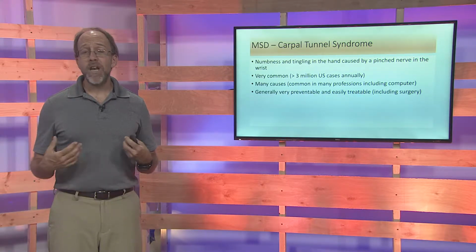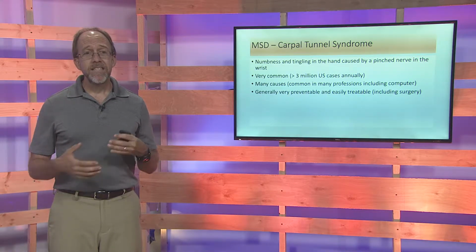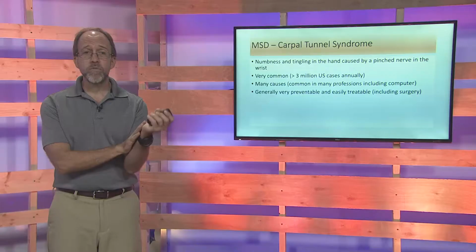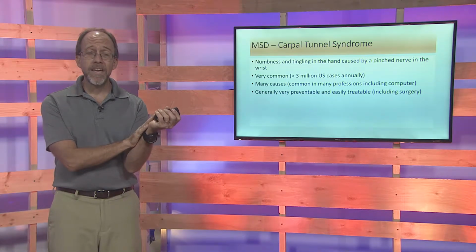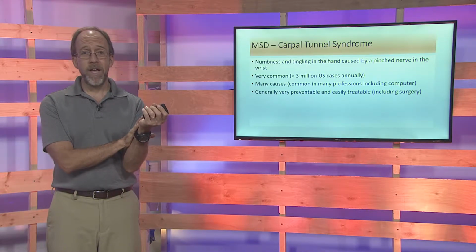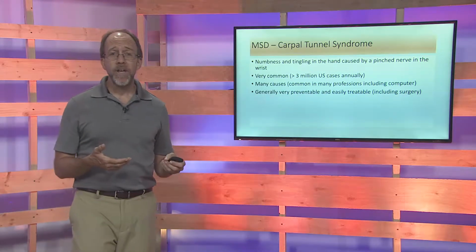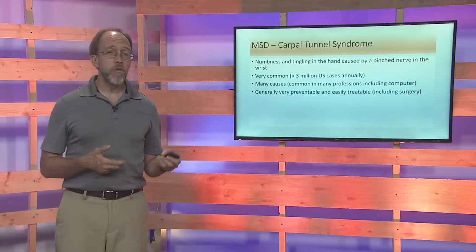It's not life-threatening, but it's painful. You've got something called the carpal tunnel, which is right here in your wrist, and there's a nerve that goes through it. It's a sheath around a nerve. If the nerve becomes inflamed or the sheath is too small, you get inflammation and pain. There are over 3 million cases of carpal tunnel syndrome annually.